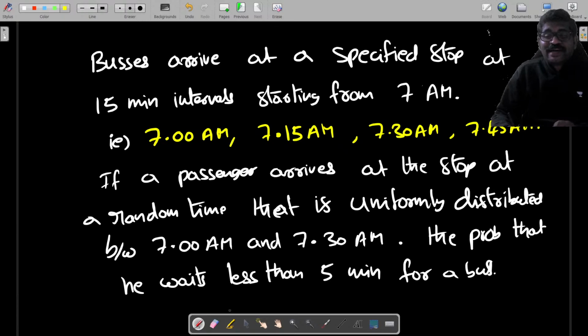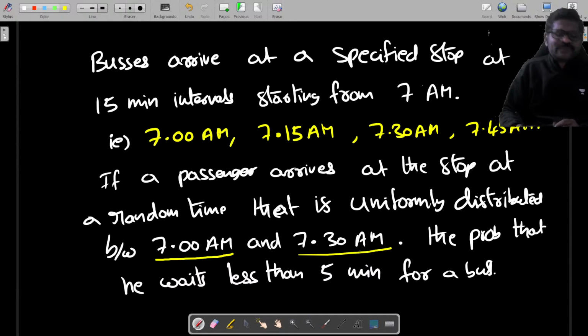So here the random variable follows uniform distribution in the interval 7 a.m. to 7:30 a.m., total 30 minutes. So X follows uniform distribution in the interval 0 to 30. 7 o'clock to 7:30 means 0 to 30 minutes.